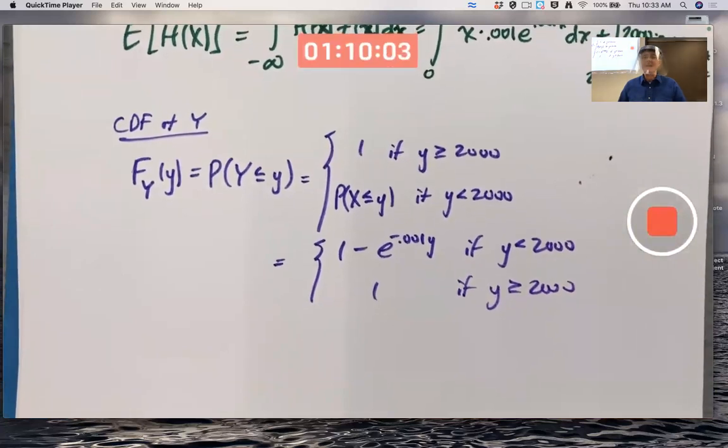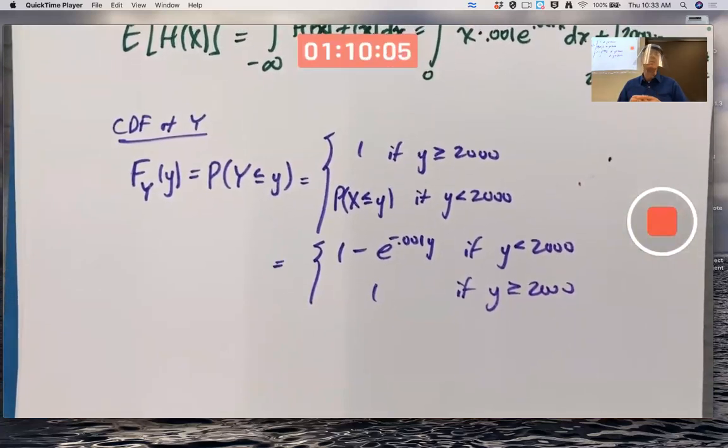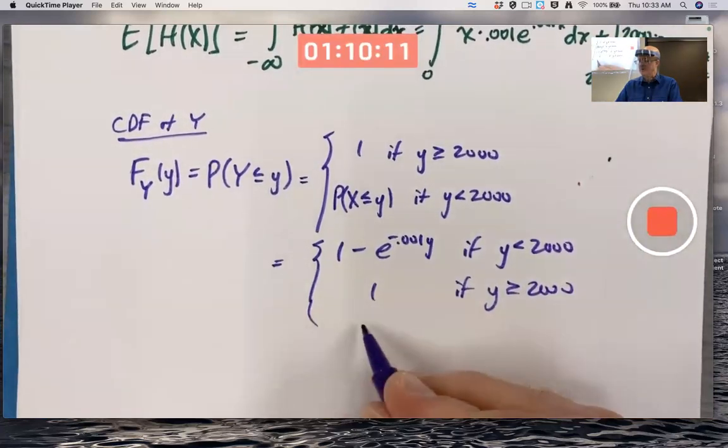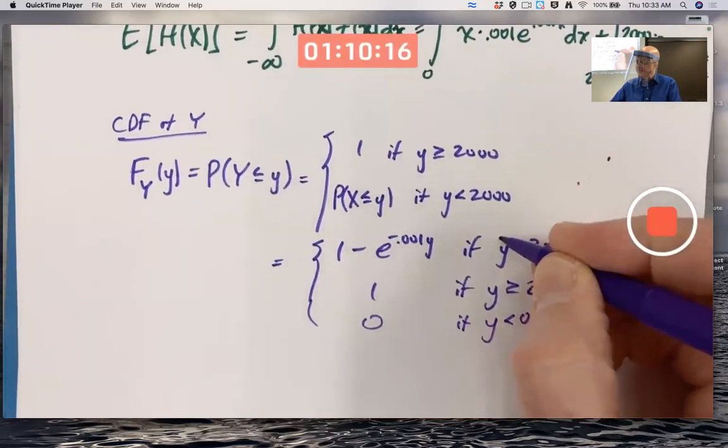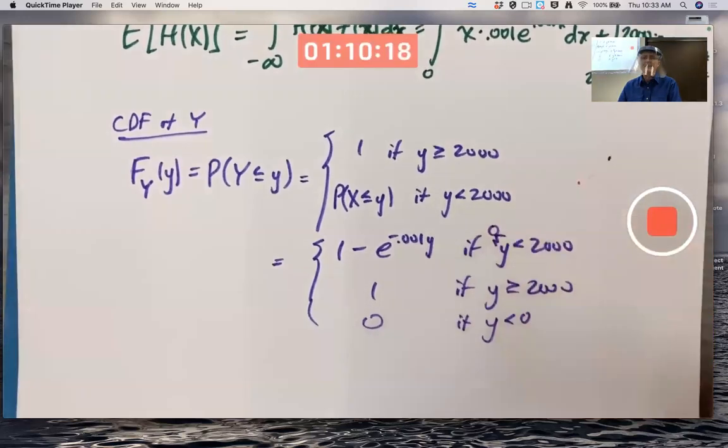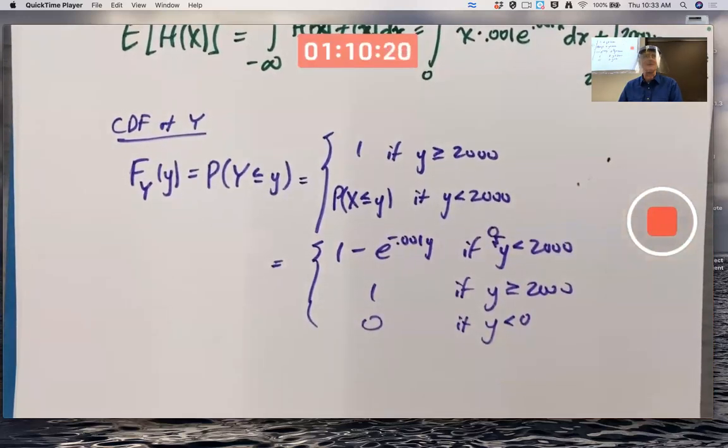Is it continuous? No, it does have a discontinuity. Well, let me also add 0 if y is negative. Sorry, this is not very clean homework. I was assigning this to myself as homework.